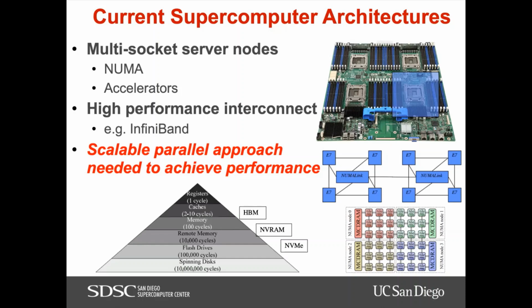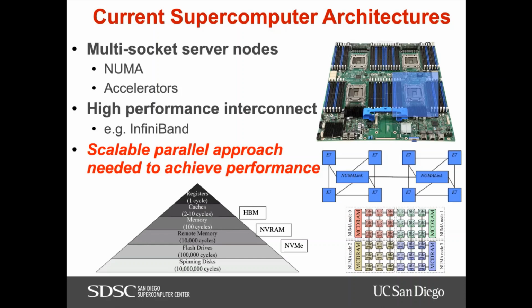And usually it's multi-socket, so there's some different speed of communication between the sockets versus going to the memory that's associated with the socket itself. So there's going to be different latencies, different bandwidths, even within a node.